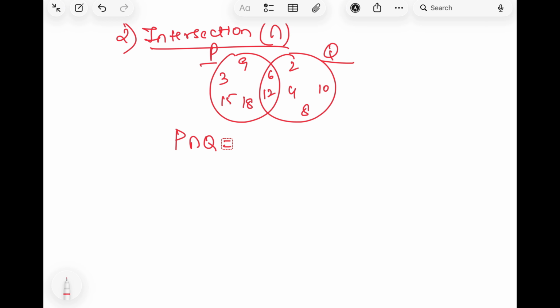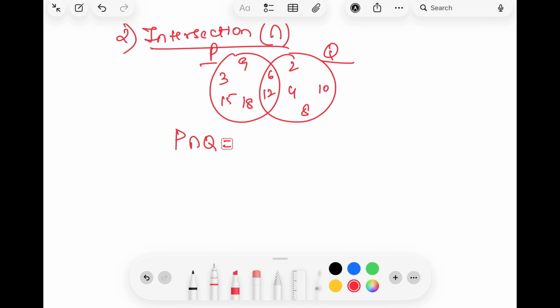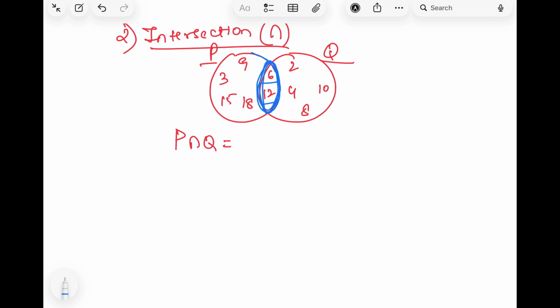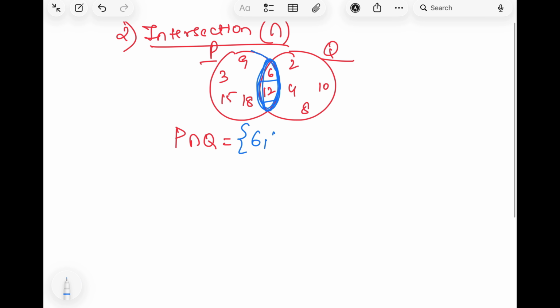So if you see very clearly, these two sets are overlapping here at this point, right? They are intersecting at this part. So where they are intersecting, there are two numbers which are common. So we will write those two common numbers here. So the common numbers are 6 and 12.